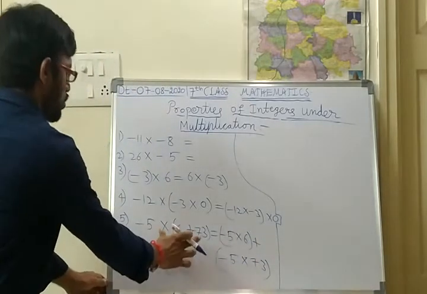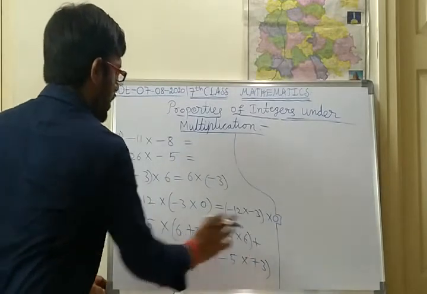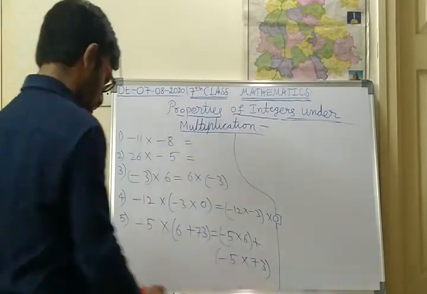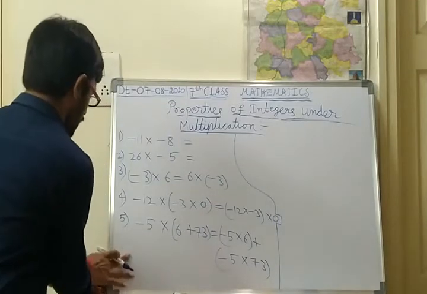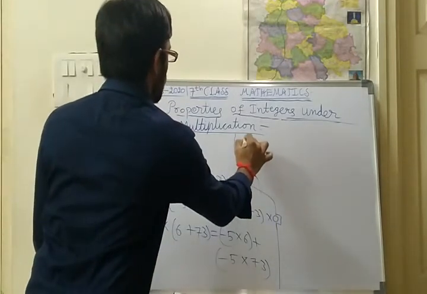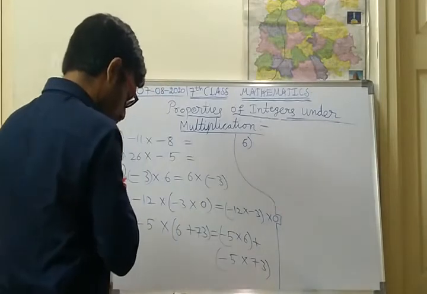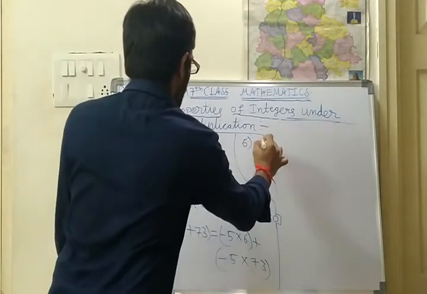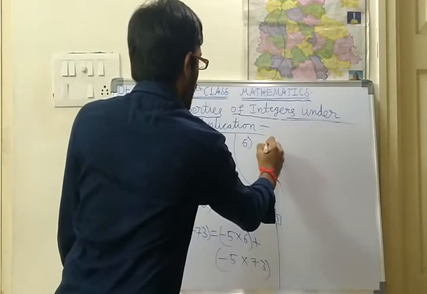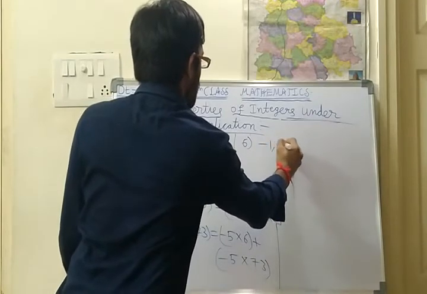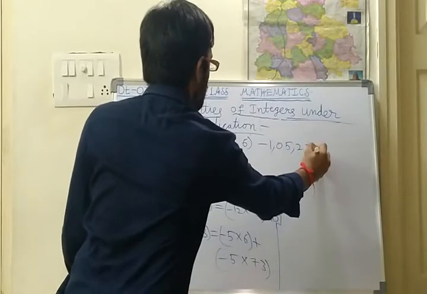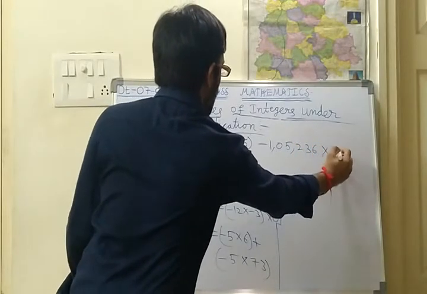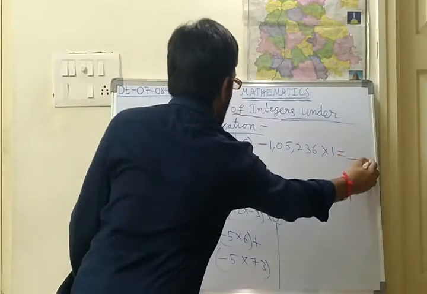Solve these two, the LHS and the RHS. Next, sixth one: minus 1, 0, 5, 2, 3, 6 into 1 is equal to dash.